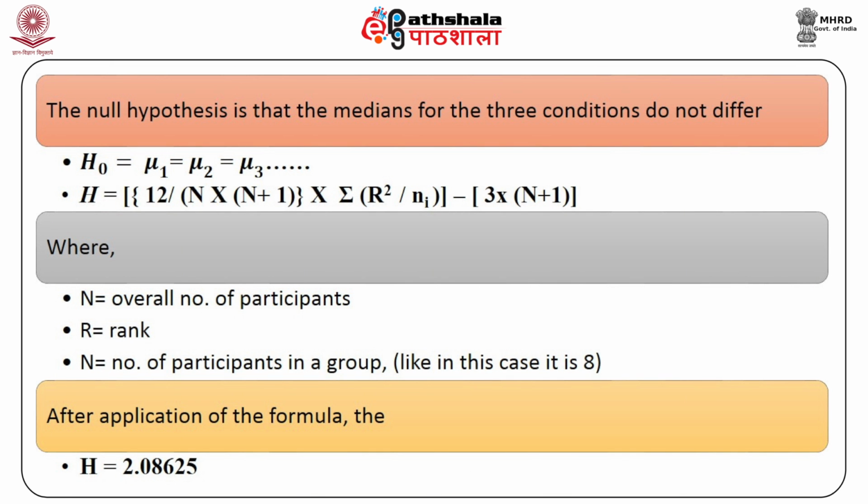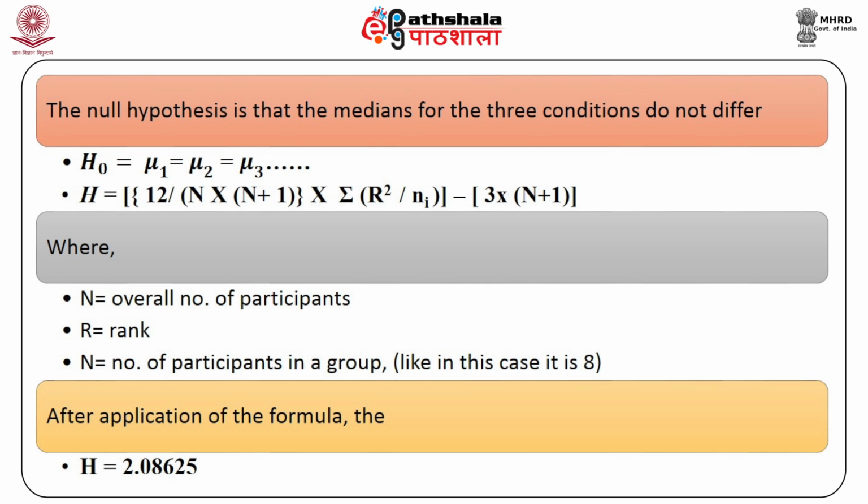The null hypothesis is that the medians for 3 conditions do not differ. That is, phi 1 is equal to phi 2 is equal to phi 3. The alternative hypothesis, of course, is phi 1 not equal to phi 2 not equal to phi 3.